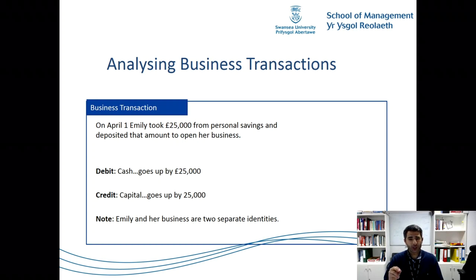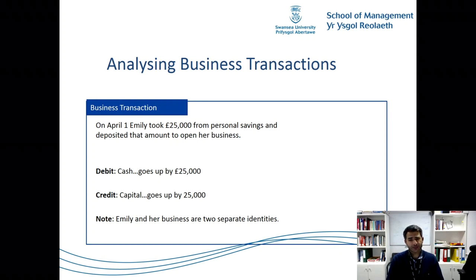In terms of Emily's business view, what happened to the cash? Business cash goes up by £25,000 because the business received £25,000. And this means assets go up by £25,000, on the debit side, isn't it? Because we said assets go up on the debit side. So cash will be debit.